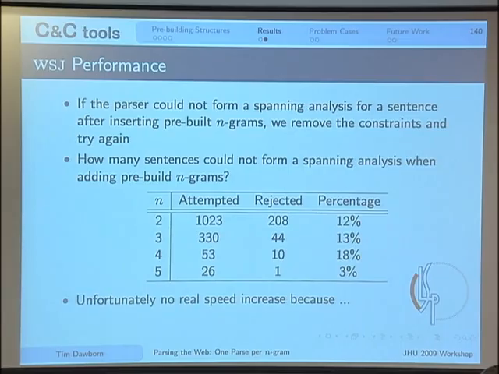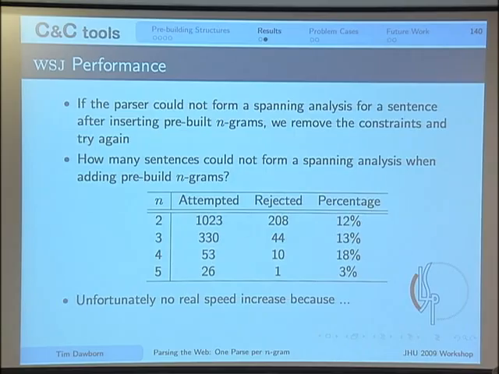And so we'd also like to know how many sentences reject these constraints, where the parser cannot form a spanning analysis when we put on the varying n size constraints. And that's what this table shows. So for Wall Street Journal section 0, we attempted to use bigram constraints on 1,023 sentences. 208 rejected them in their first attempt, which is 12%. And so these percentages are quite high.